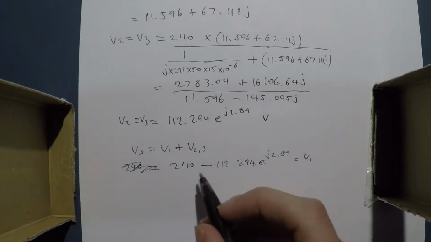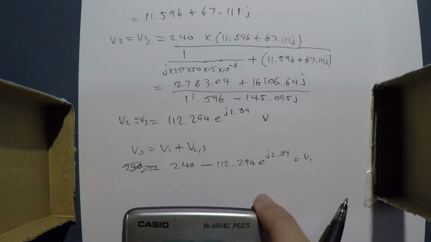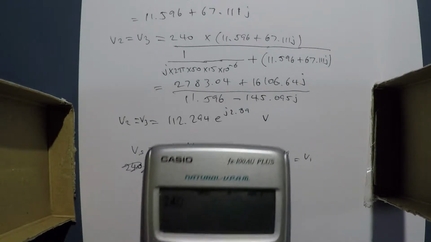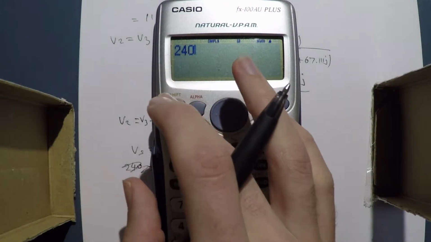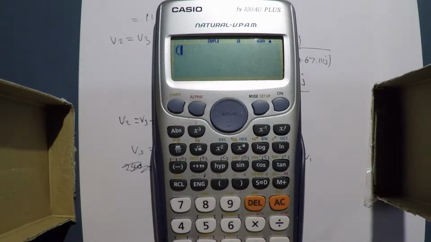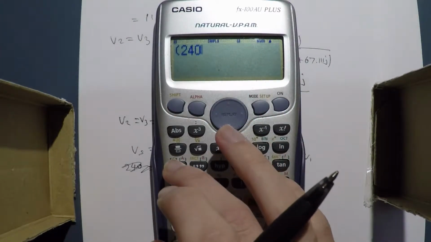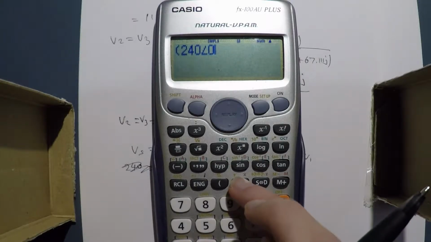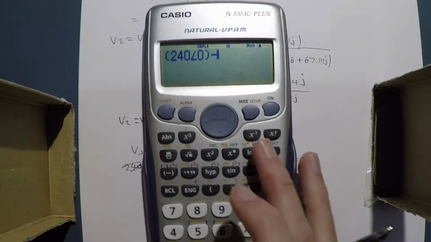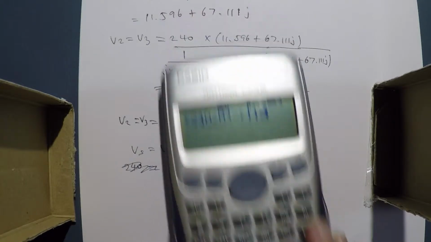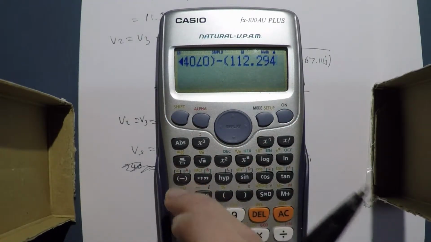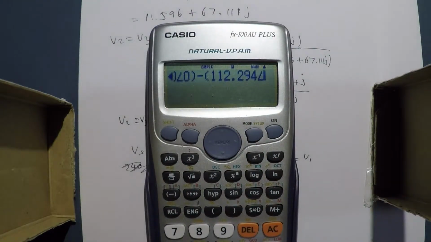Now, the 240 has no phase, so we can write 240 e to the j 0, though it's not necessary. And then minus 112.294 e to the j 2.89.